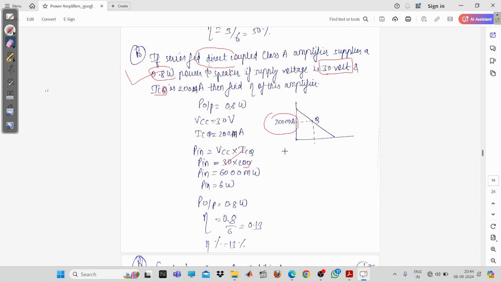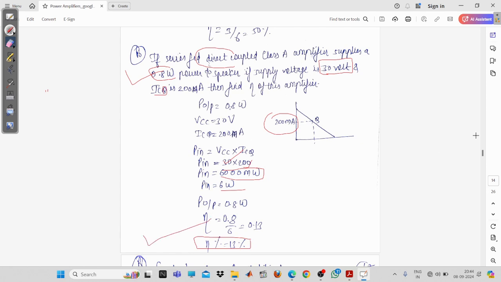So the input power we have to calculate, that is 30 into 200 milliampere. If you solve this, you get 6000 milliwatt, sorry. So you just write it in terms of watt. Now, once you have the input power and the output power, you can easily substitute them in the efficiency equation, and you are going to get 13% efficiency.